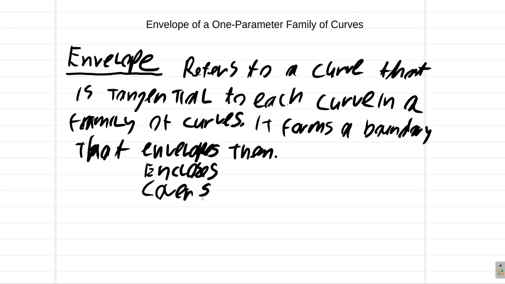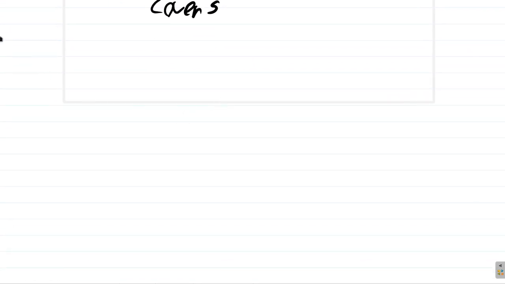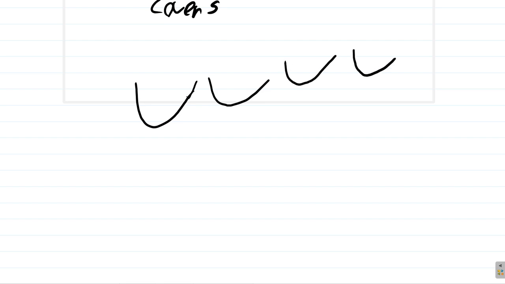Alright? Now, if you look online, for example, for images of envelopes of a family of curves, you might, I remember seeing something like this before, some quadratic, and then you have the envelope of the curve. I probably should have drawn the envelope first.